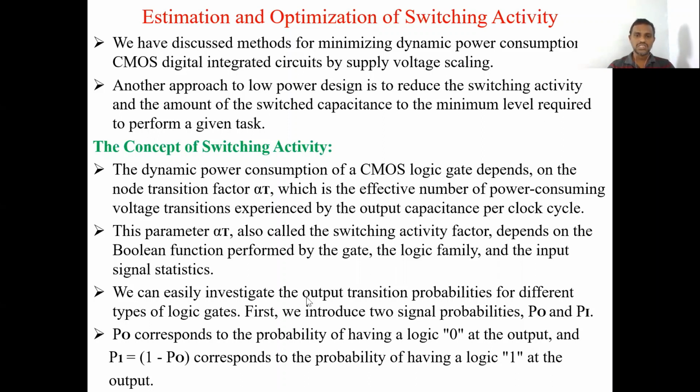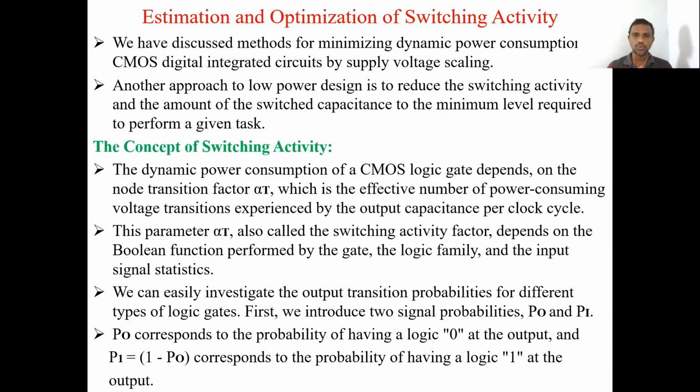We can easily investigate the output transition probabilities for different types of logic gates. First, we will introduce two signal probabilities, P0 and P1. P0 corresponds to the probability of having logic 0 at the output, and P1 is the probability of logic 1. The total probability is 1.